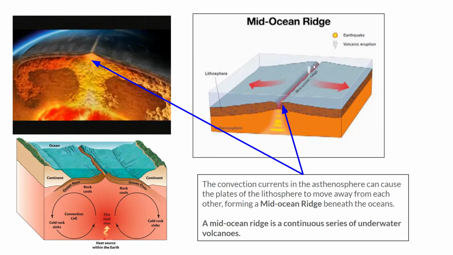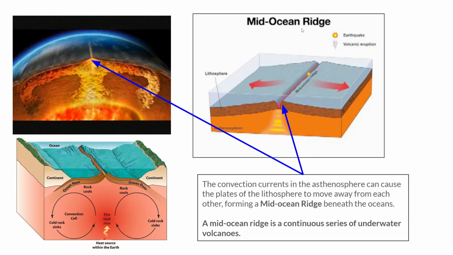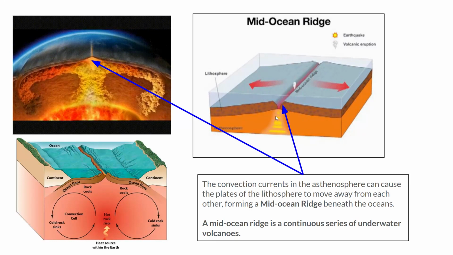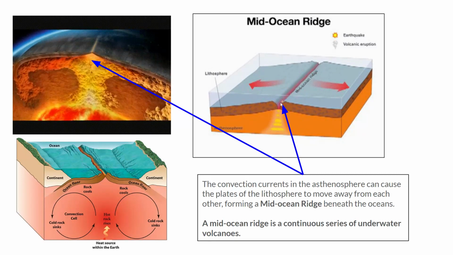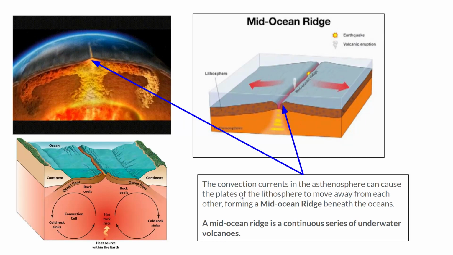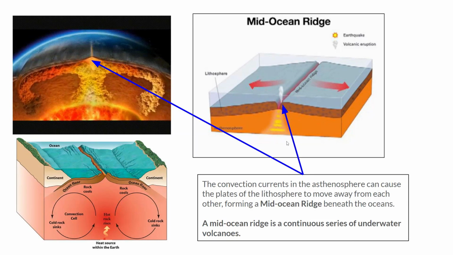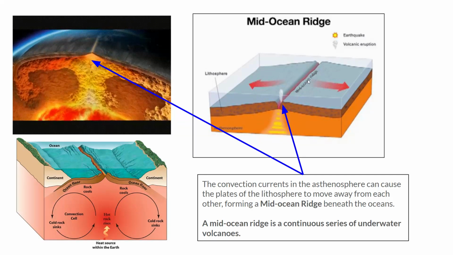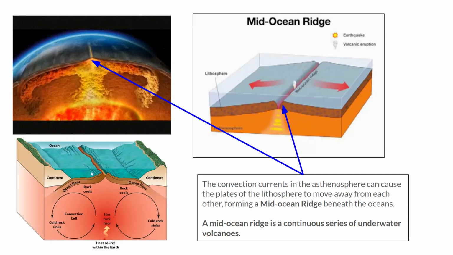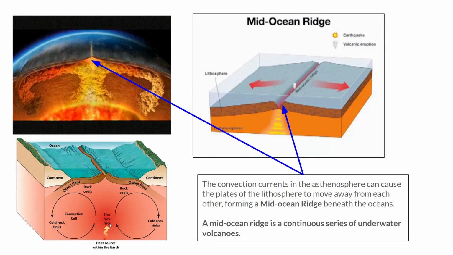This gap that is formed in the middle when the plates of the lithosphere move apart is called a mid-ocean ridge. And this gap invites magma to come towards the surface of the earth, which can cause volcanoes to form and earthquakes to form. So a mid-ocean ridge is a continuous series of volcanoes underwater that form because the plates of the lithosphere are moving apart from each other because there are convection currents happening underneath it in the asthenosphere.